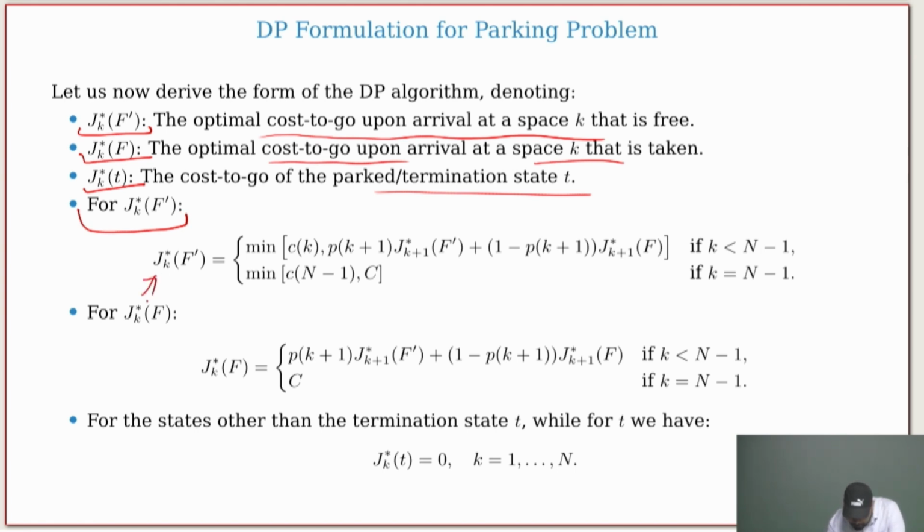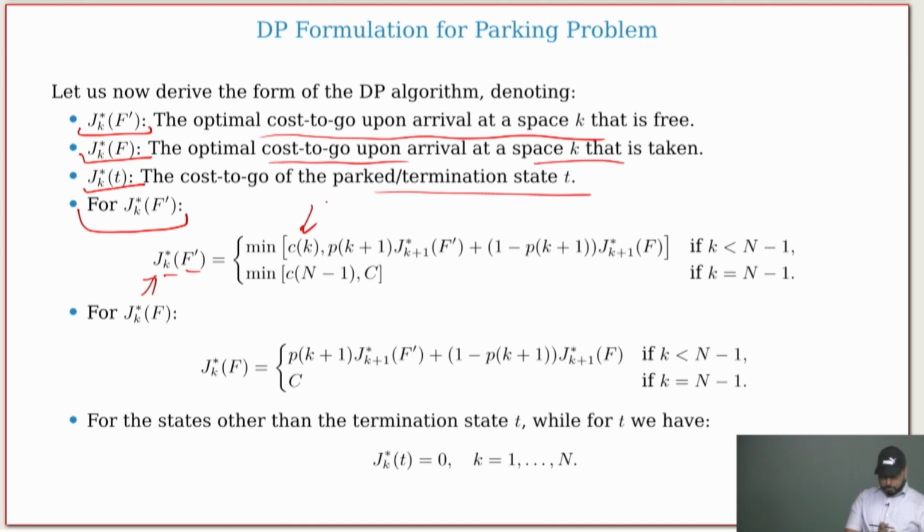The cost to go when there is a parking space at the kth stage can be written like this. It will be the minimum of Ck, which is the current cost. You are at the kth stage and you are at a state where a parking space is there. So this is F prime, kth stage. Now if you do decide to park, then the cost you have to pay is Ck. If not, then you will look for the estimated cost if you indeed decide to park in future, at K plus 1.